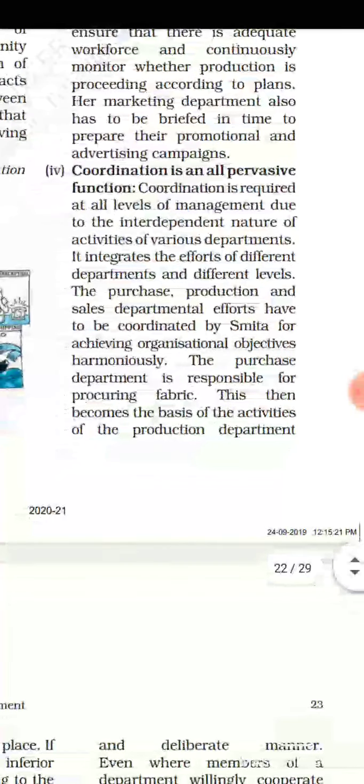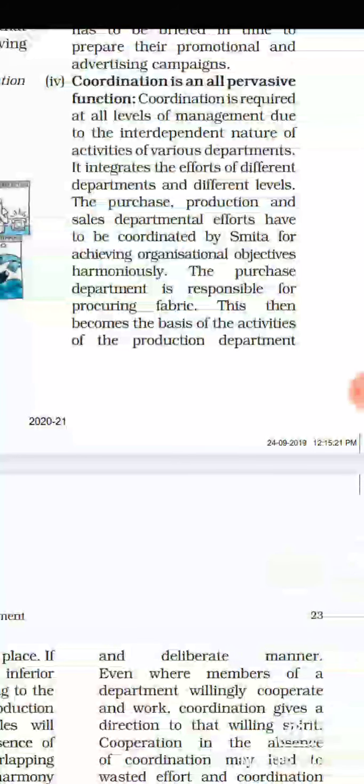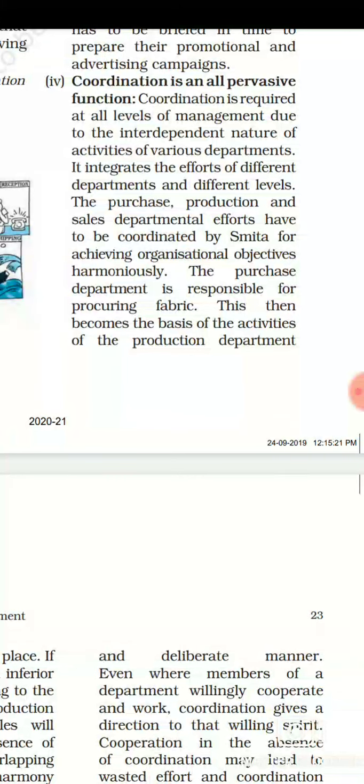Next is coordination is all pervasive. All pervasive basically means that it is used at each and every level of management. Levels of management, students, we have already covered, like your top level, middle level and lower level of management, right? वहाँ पे हम क्या कर रहे हैं, अपने एम्प्लॉय ऑर्गेनाइजेशन के 3 हिरारिकी पार्ट में बांट दे रहे हैं, राइट? सो जो हिरारिकी पार्ट्स होंगे आपके top, middle or lower level. So these are the levels of management where the employees are working.